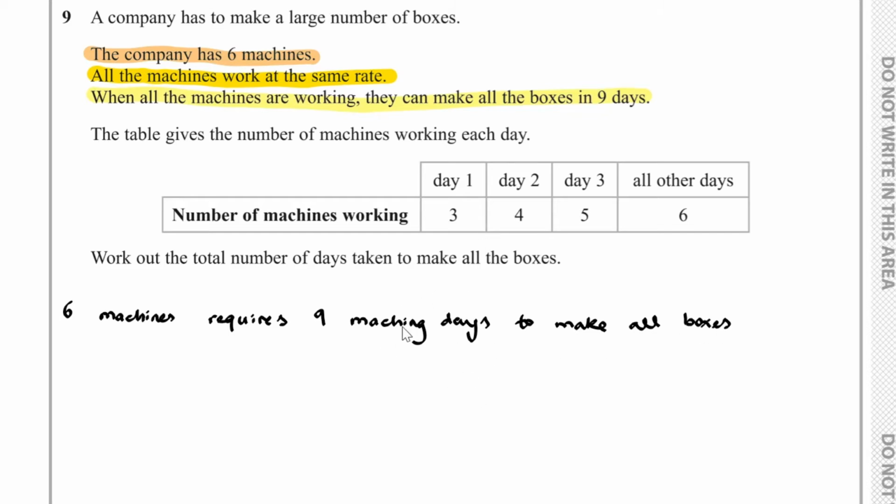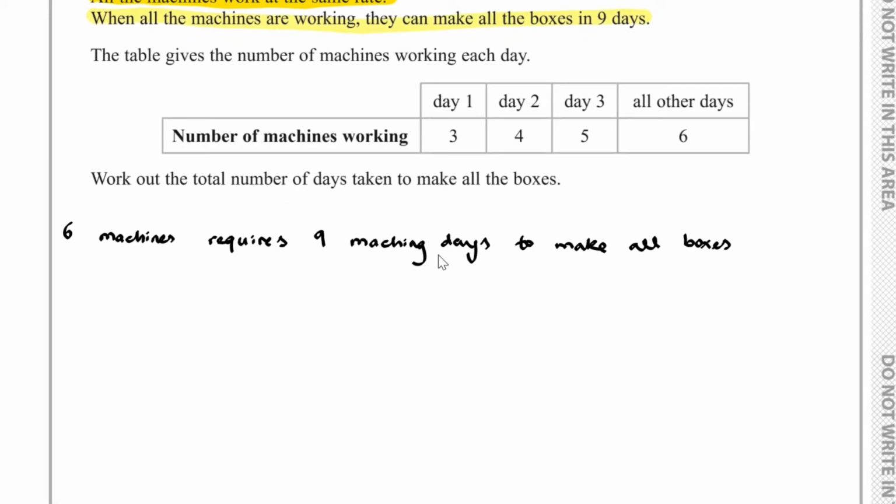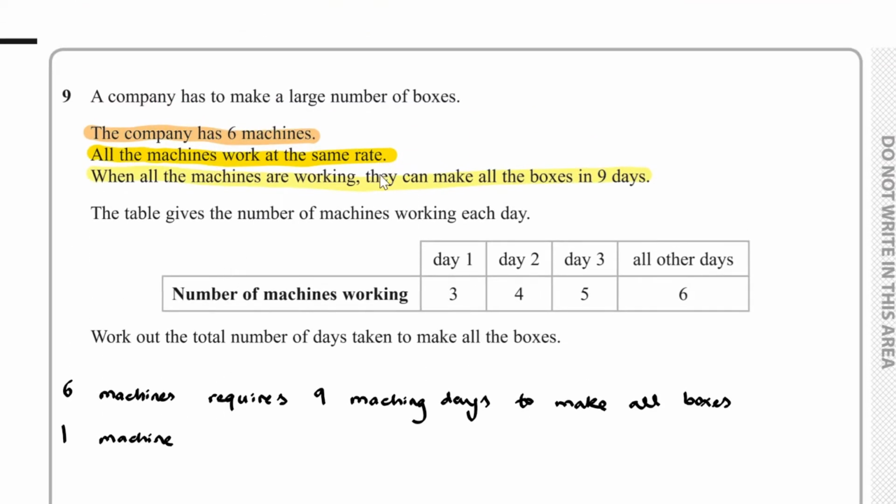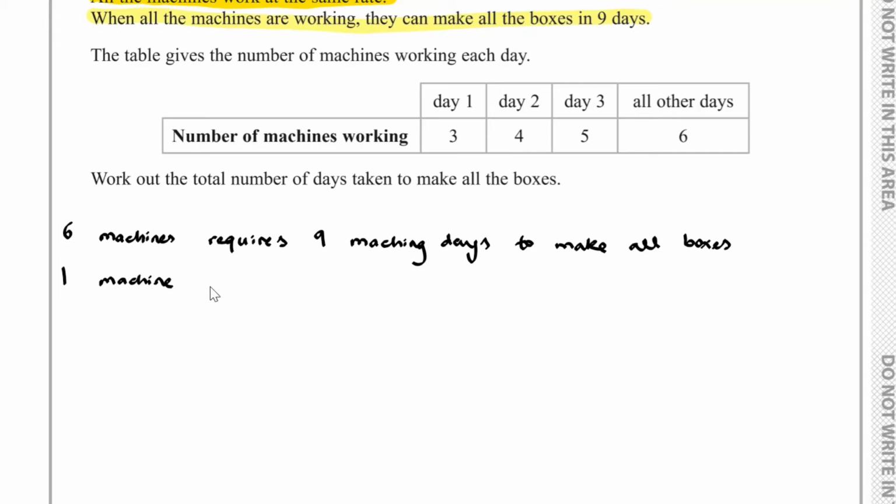Now, don't confuse the machining days with the days over here. They are 2 separate things. So 6 machines require 9 machining days to make all boxes, and therefore one machine, bearing in mind that the machines work at the same rate, one machine would therefore require 9 times by 6, which is 54 days.